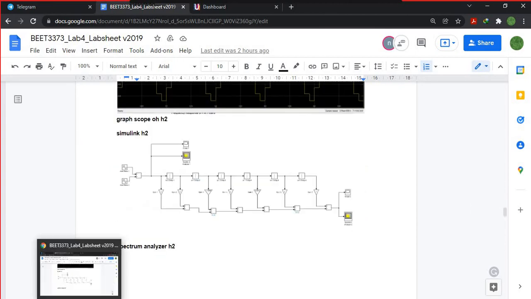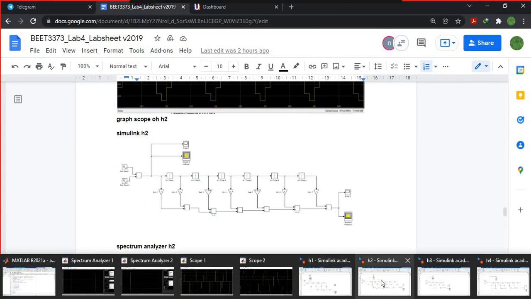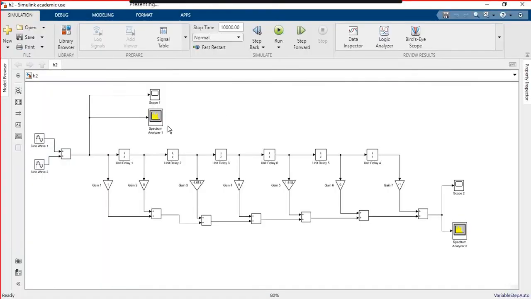Next, for Simulink H2, we need to change the gain and add some unit delays and adders. So we run the Simulink.